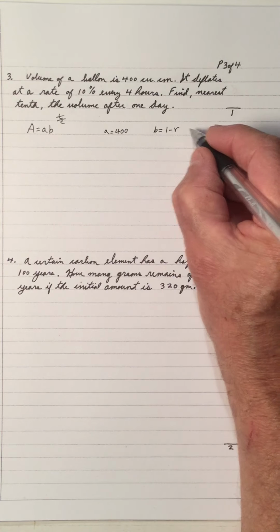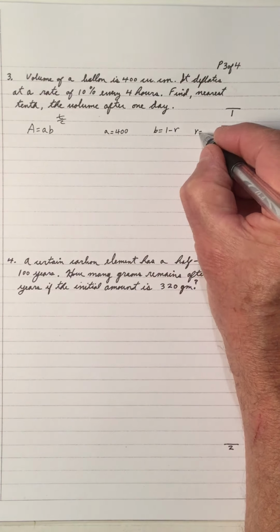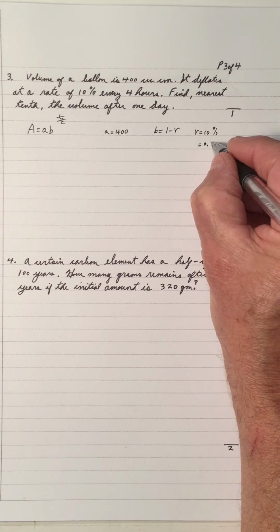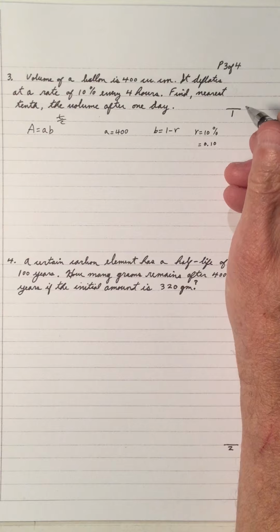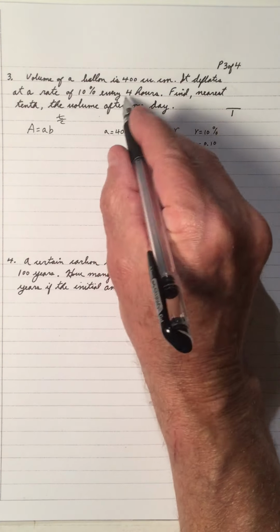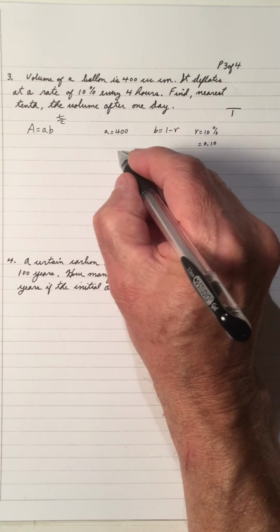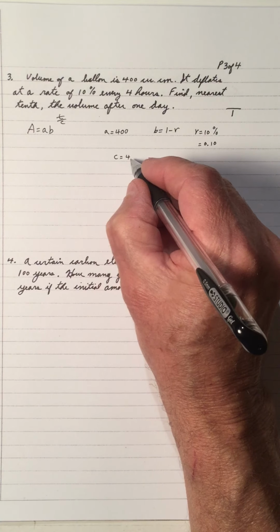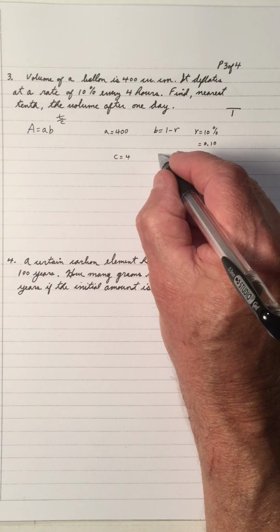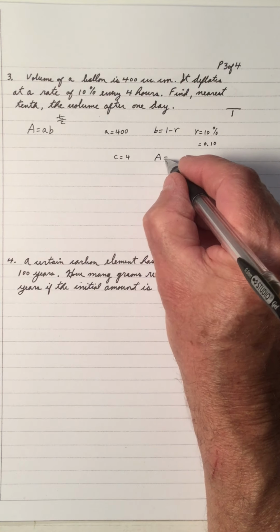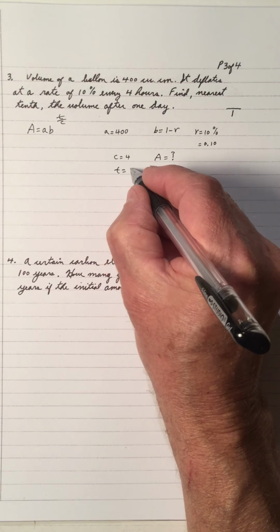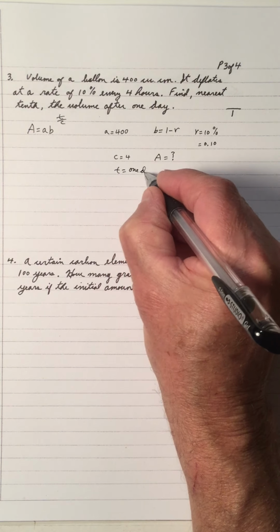The rate of deflation is 10%, which is 0.10 or 0.1, and the increment change C is 4 hours, so it deflates every 4 hours. We're trying to find A to the nearest tenth, after 1 day, so the time is 1 day.